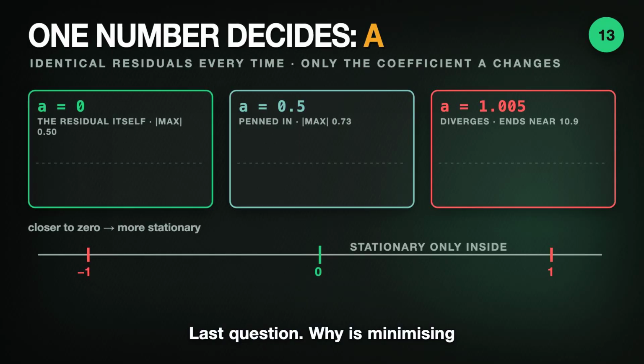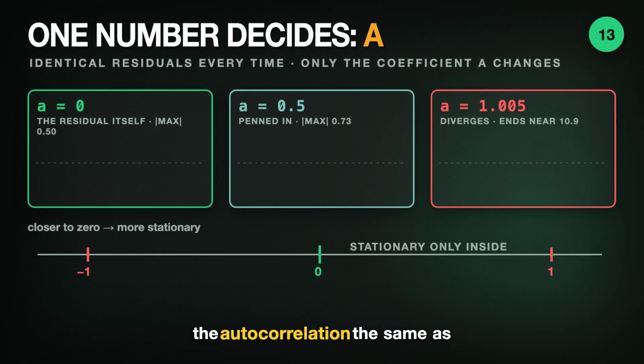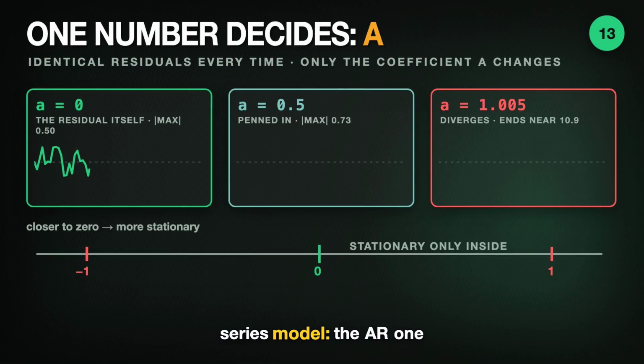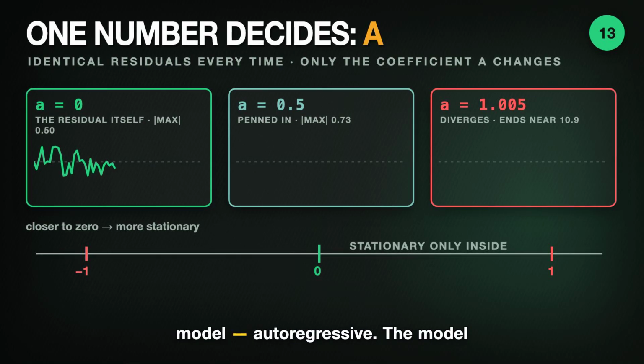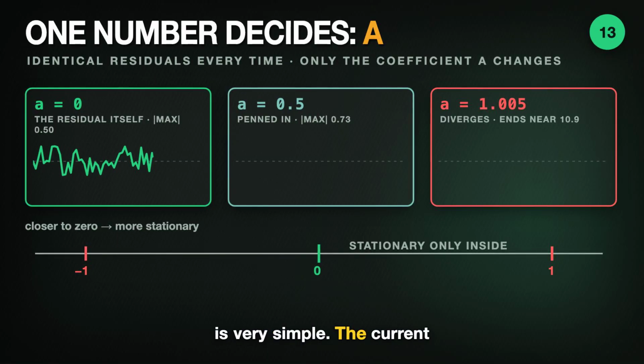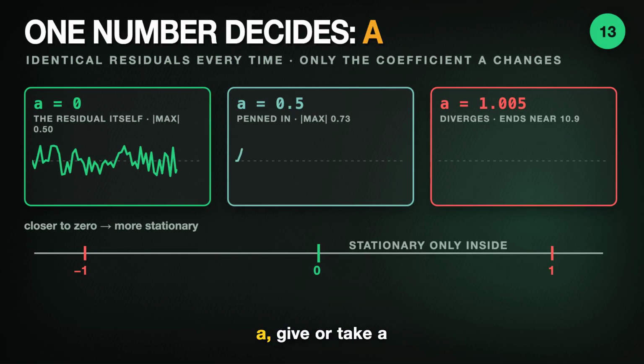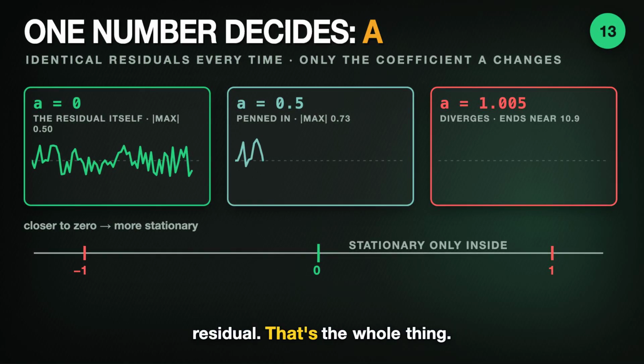Last question. Why is minimizing the autocorrelation the same as maximizing stationarity? To see it, you only need one time series model, the AR1 model, autoregressive. The model is very simple. The current value is roughly the previous value multiplied by some constant A, give or take a residual. That's the whole thing.